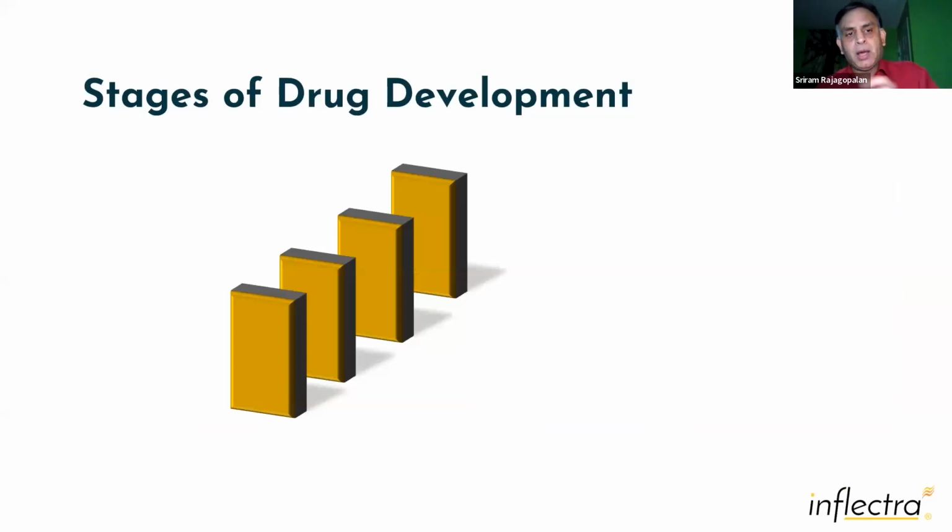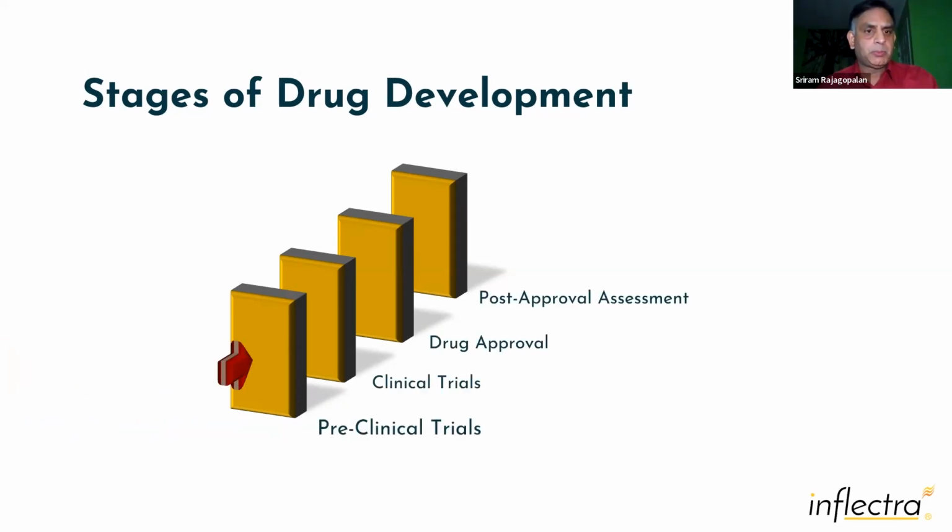So picking on the last three stages of the actual drug development that I talked about. If you look at this, there is preclinical, clinical, drug approval, and then post-drug approval. It's post-drug approval, the last stage that I have added here, which is taking it into the market now, where the market has the drug and how are people reacting to it. Now, take a look at COVID.